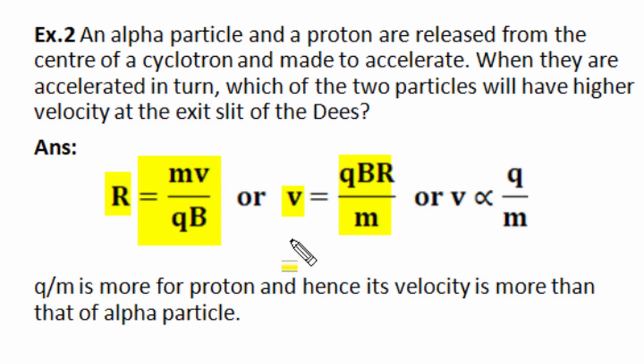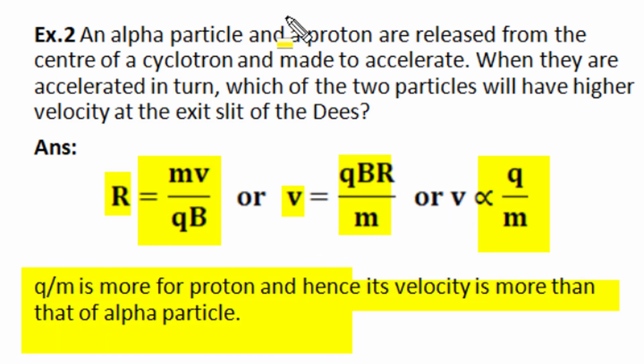From this expression, the velocity of the accelerated charged particle is given as qBr over m, where B is the normal uniform working magnetic field of the cyclotron, r is the radius of the cyclotron D, and for the same working magnetic field and same radius of D section, the velocity is proportional to the charge to mass ratio, and q by m of proton is 2 times that of alpha. So the proton will have twice the velocity of the alpha if accelerated with the same magnetic field in the same cyclotron.